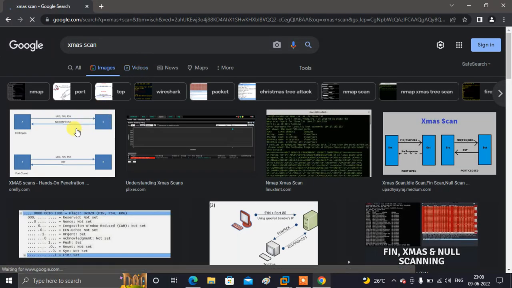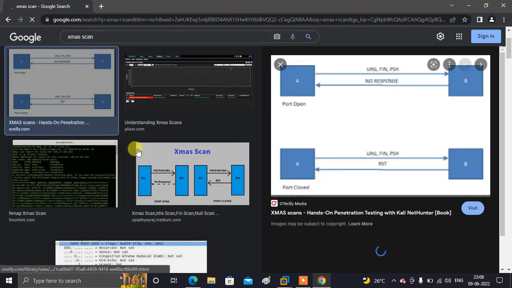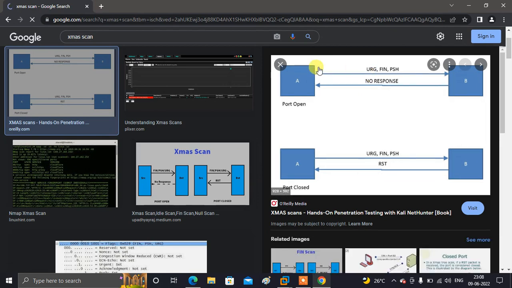Okay, you can see everyone. This is called Xmas scan. Here in the Xmas scan, the attacker needs to find out if port number 80 is open. The attacker will send URG, FIN, PSH. These are 3 flags. URG means it's very urgent.